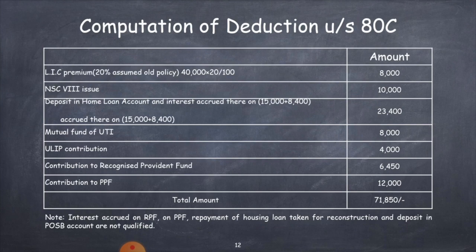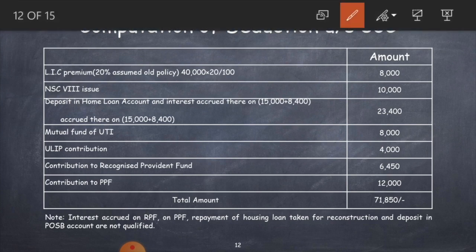So you can go in favor of the assessee. So here you can consider the policy was taken before 1st April 2012, and 20% of that amount is eligible. So 20% of 40,000 is not 10,000, that is 8,000. So only 8,000 is eligible and not 10,000.